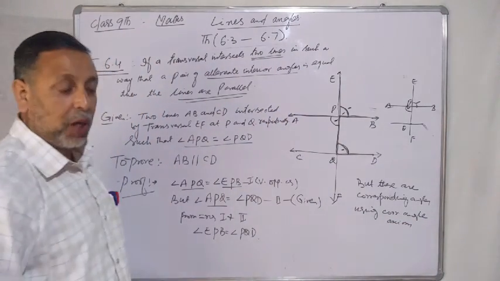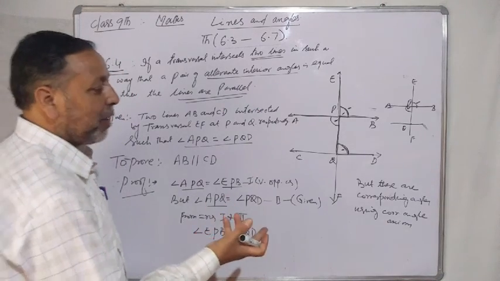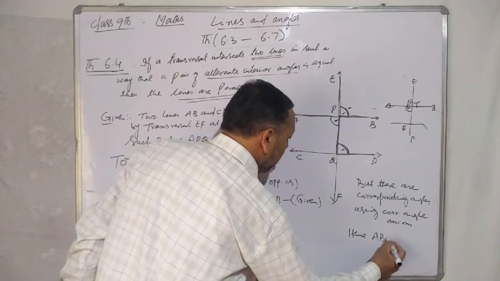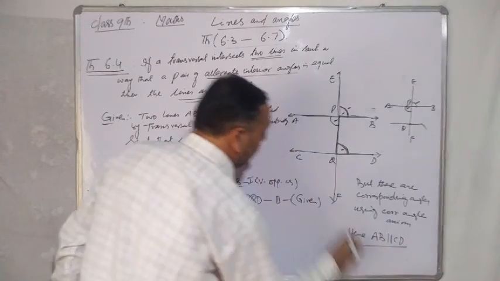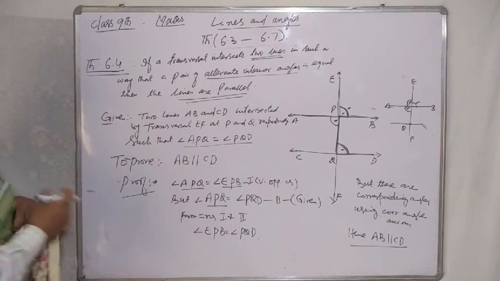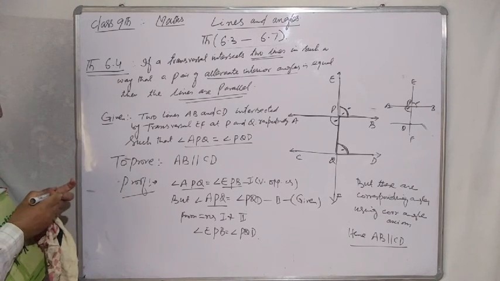When a pair of corresponding angles are equal, then the lines are parallel. Hence, we have AB is parallel to CD. This proves the theorem. Pause the video and note it down. Let us move to theorem 6.5.